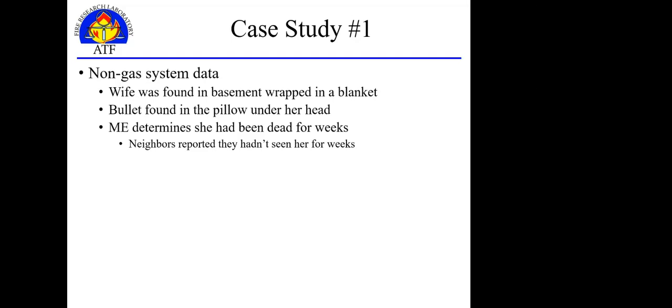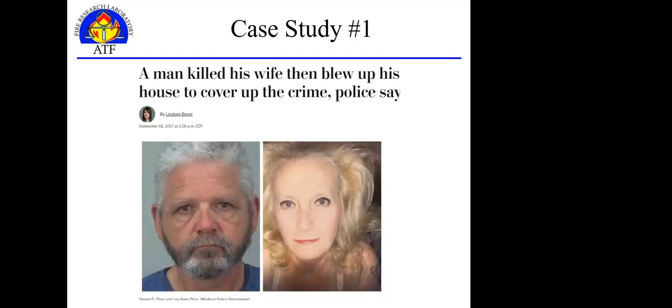Neighbors reported that they hadn't seen her for several weeks leading up to the explosion. So the ultimate conclusion was the husband ended up killing his wife, stashing her body in the basement for a certain period of time, and then trying to blow the house up on top of her to hide that crime.